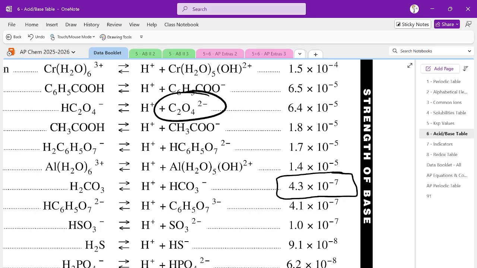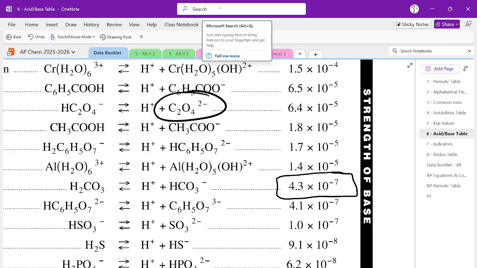Why don't you figure out what the pH of an equimolar mixture of H2CO3 and HCO3 minus would be? I get 6.4.